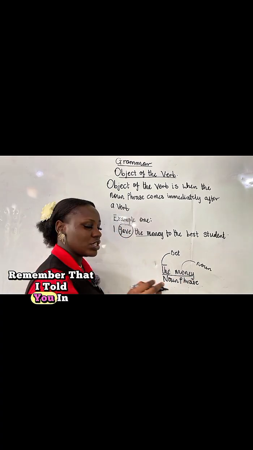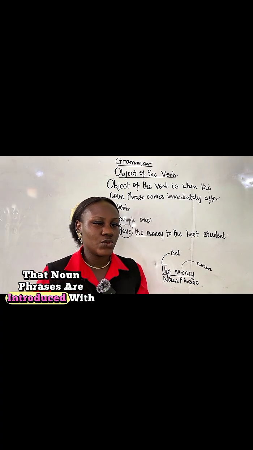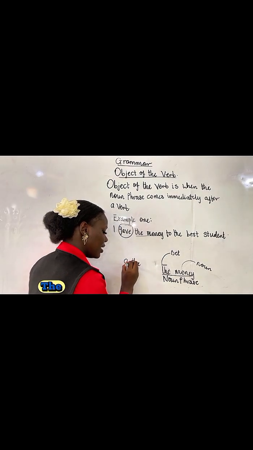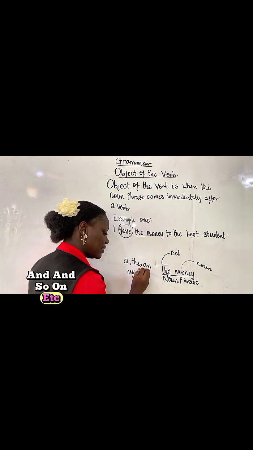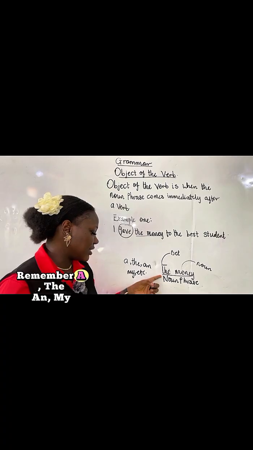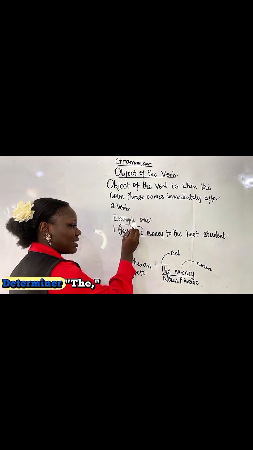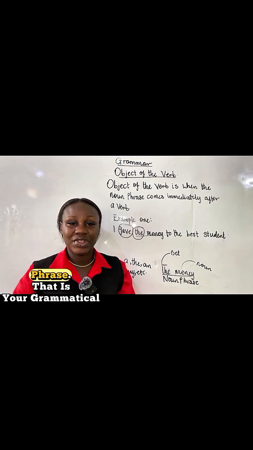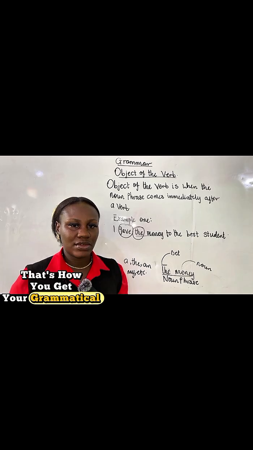Remember that I told you in episode 1 that noun phrases are introduced with determiners like a, the, an, my, and so on. So, with the introduction of this determiner, the, it is a noun phrase. That's how you get your grammatical name.